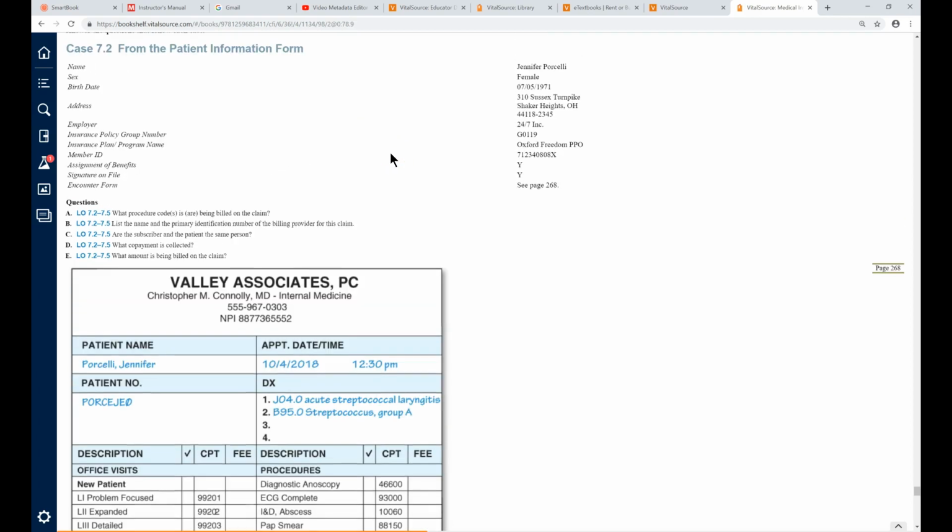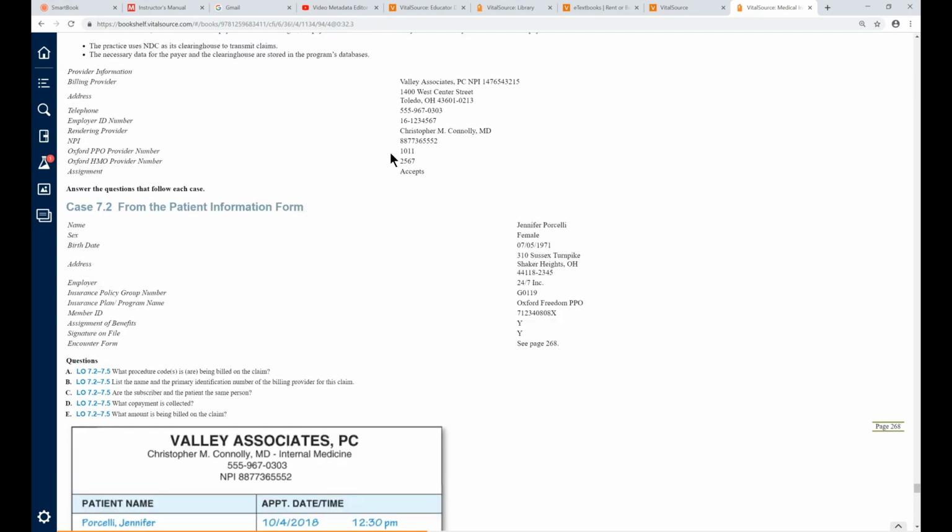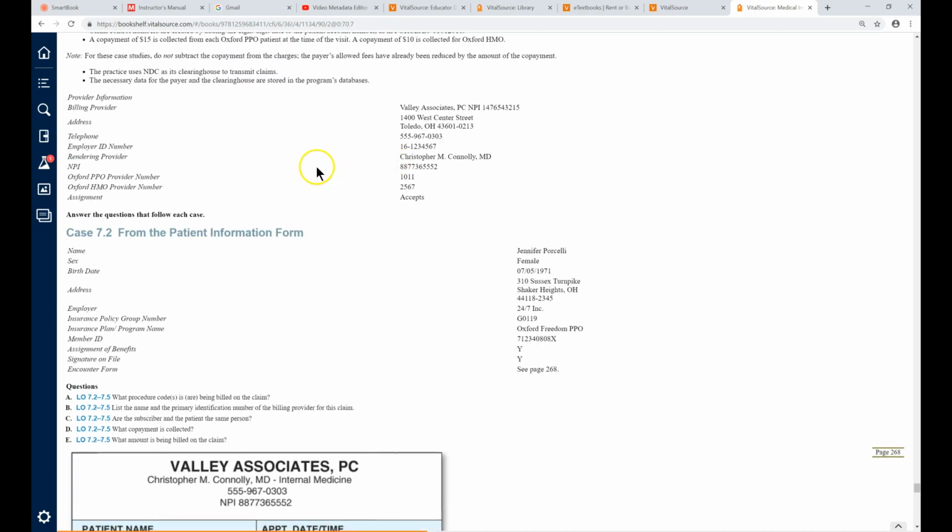So you would look back and you would find the name of the billing provider. So the billing provider would be here, and you would get the primary identification number of the provider. All of that information would be gotten from here.